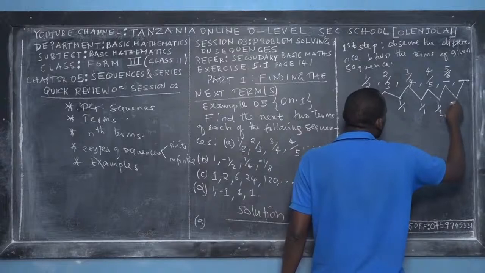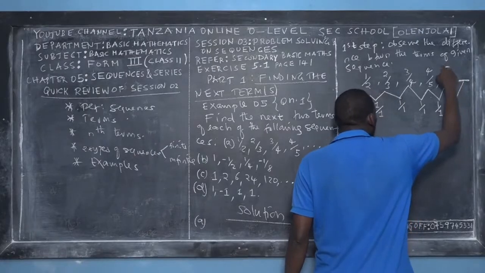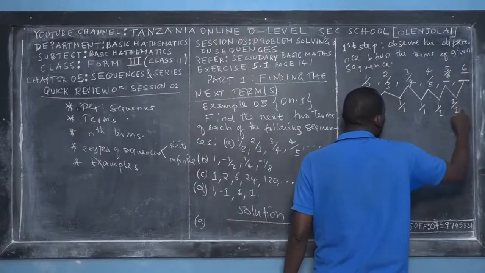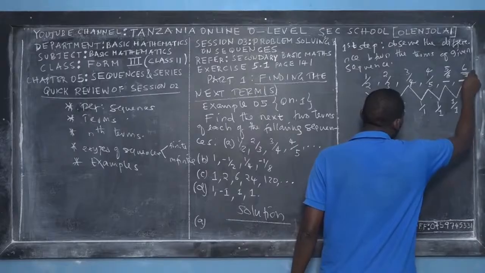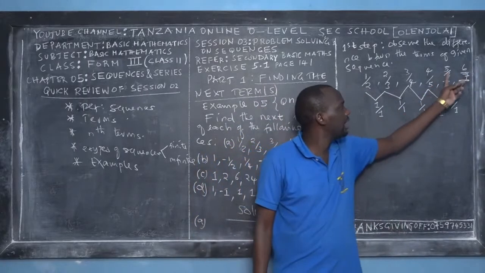So 5 plus 1 makes 6, and 6 plus 1 makes 7. So now we know the fifth term and the sixth term.